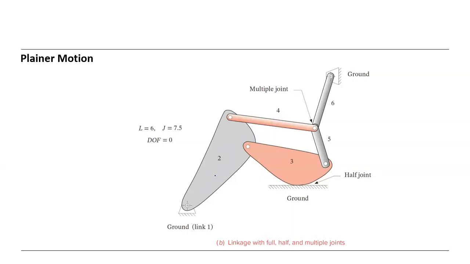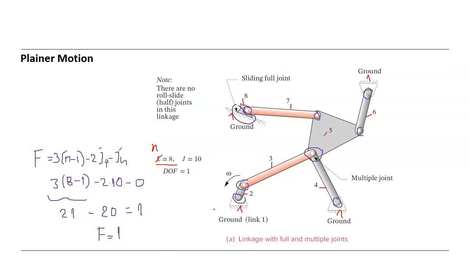Doctor, the previous one, is number 8 also a multiple joint? Number 8? Yeah, here, you mean this one? Yes. This is also 1 degree of freedom, multiple joint. Okay, thank you.